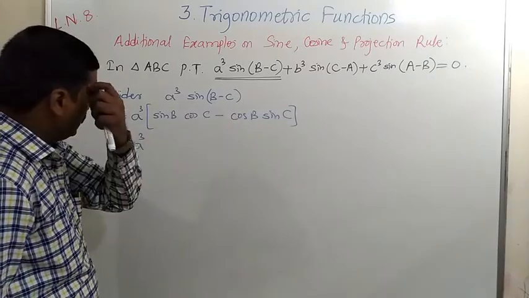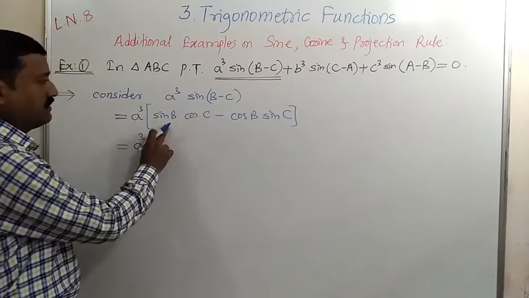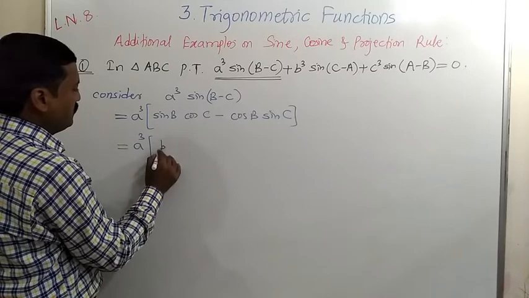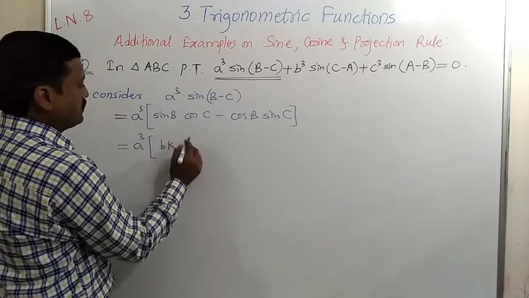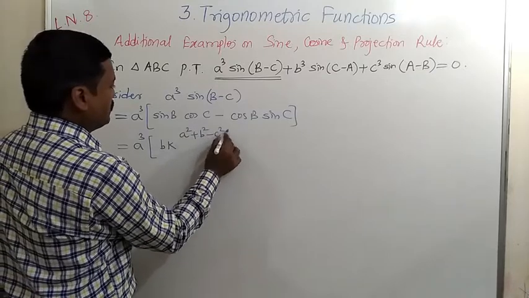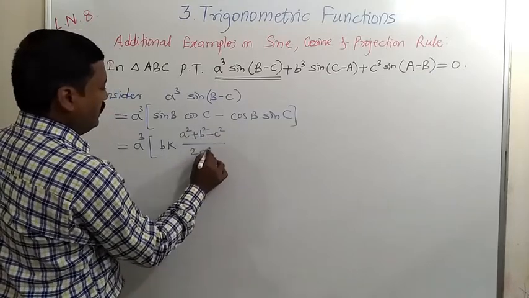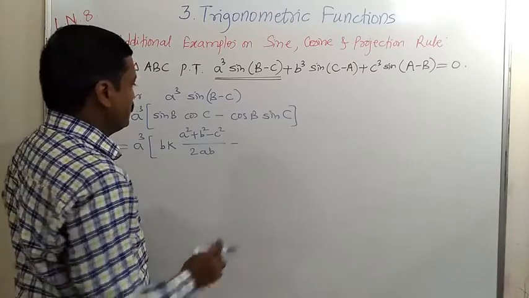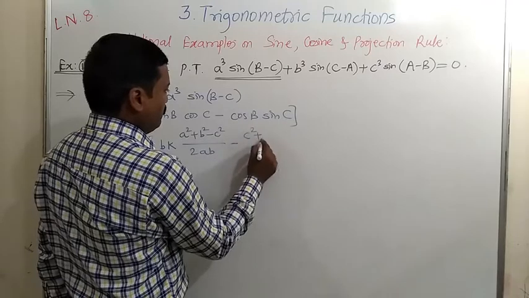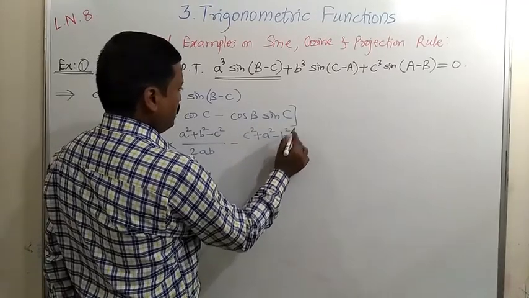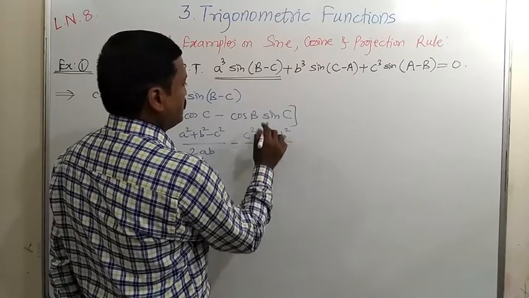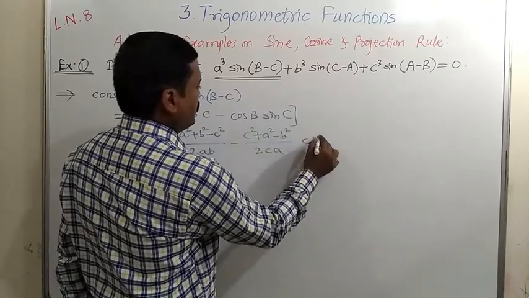Sine B is nothing but BK. Cos C is nothing but A square plus B square minus C square upon twice AB, minus, again using the cosine rule for angle B, C square plus A square minus B square upon twice CA, into sin C, which is C into K.